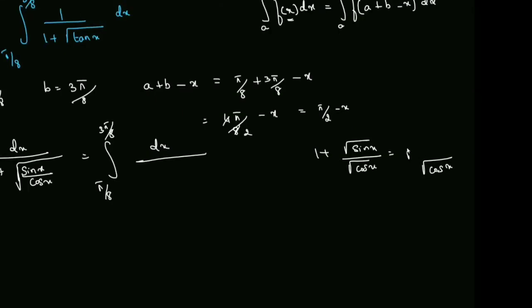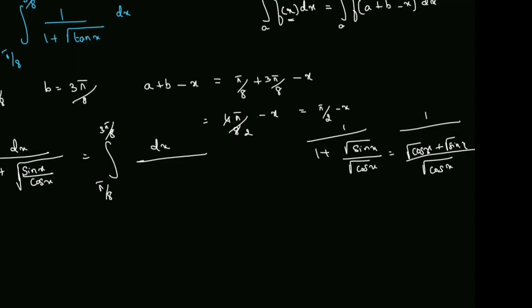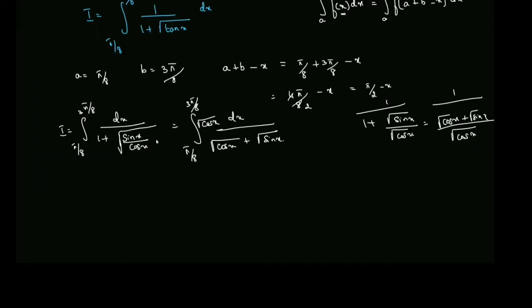So it becomes root cos x plus root sin x in the denominator, and this root cos x goes up to the numerator. So I is equal to root cos x dx by root cos x plus root sin x.